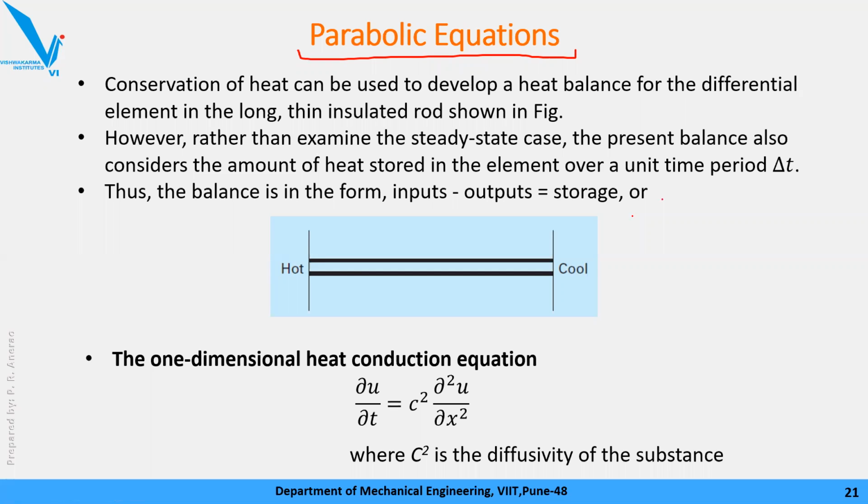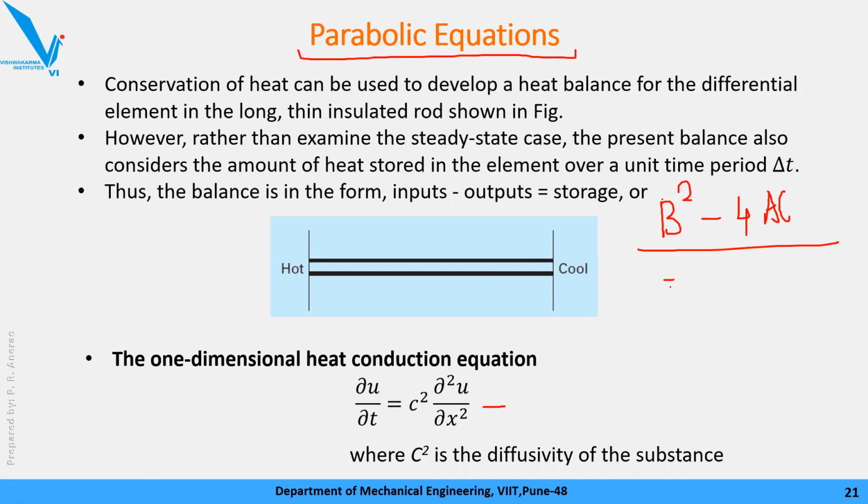Parabolic partial differential equation. Now, how can you identify a parabolic partial differential equation? By computing the value of b square minus 4ac for the given partial differential equation.